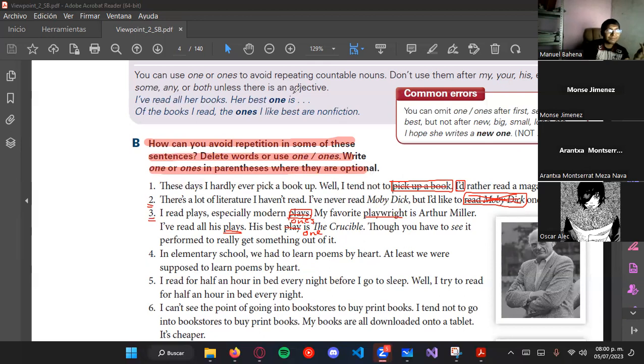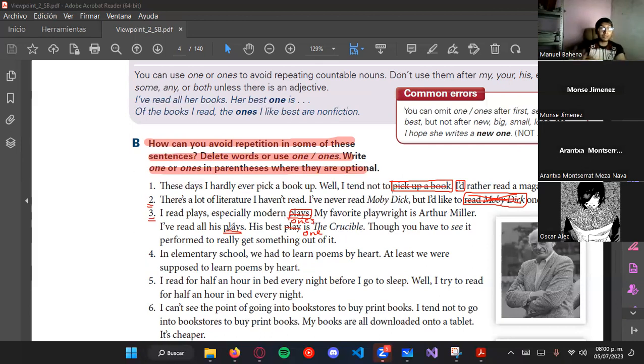Yes. ¿Sí quedó claro? Yes, teacher. E igual aquí no queda implícito. O sea, I have read all his plays. He leído todas sus obras.